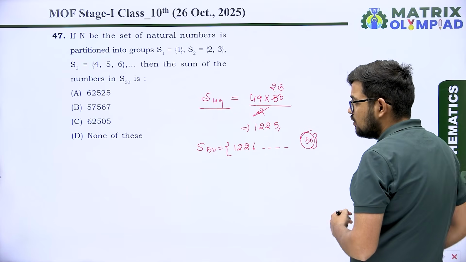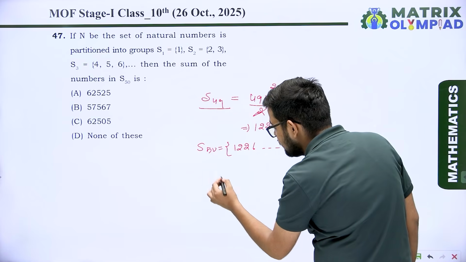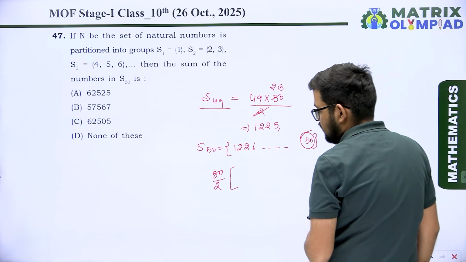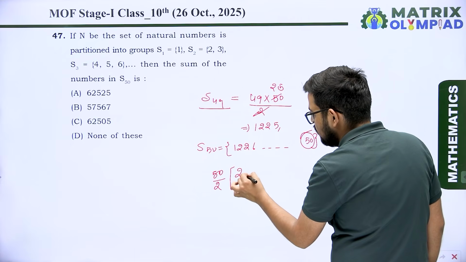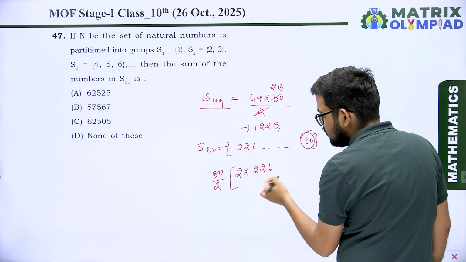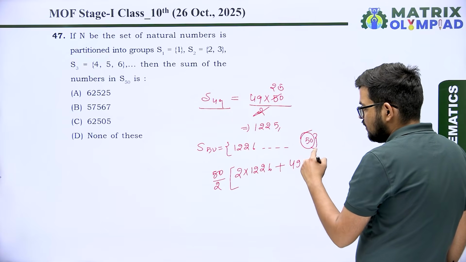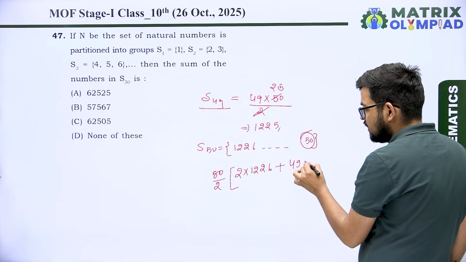The sum of these numbers will be n by 2, meaning 50 upon 2, into (2a plus (n minus 1) d), that is 2 into 1226 plus 49 into d, where d is 1.